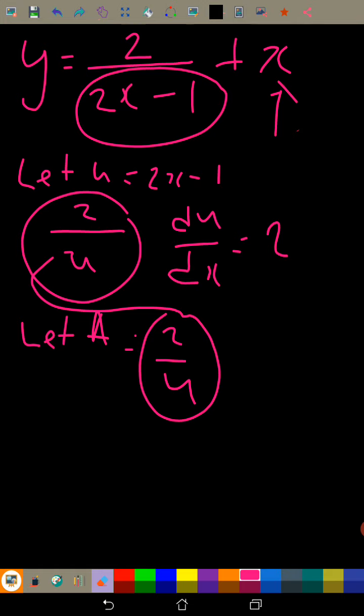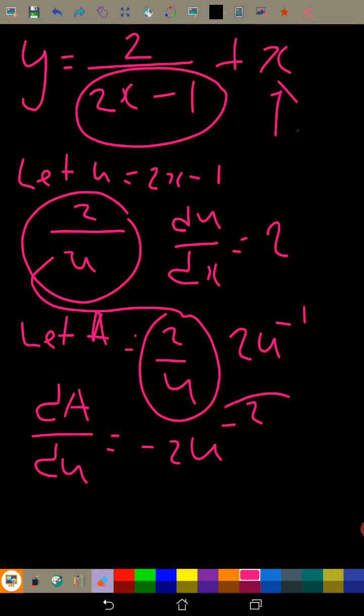And you can rewrite it as 2u on the top. It's the same thing, and dA by du is going to be minus 2. This is a differentiation, and therefore you now have the possibility to get dA by dx.